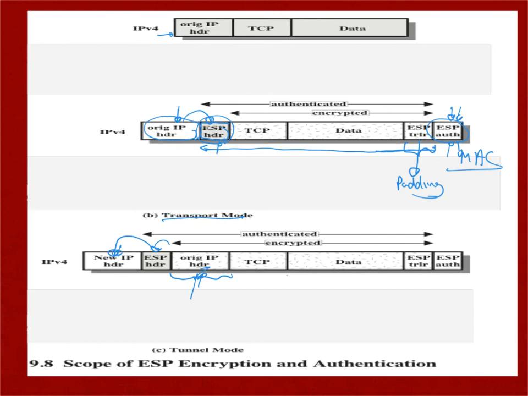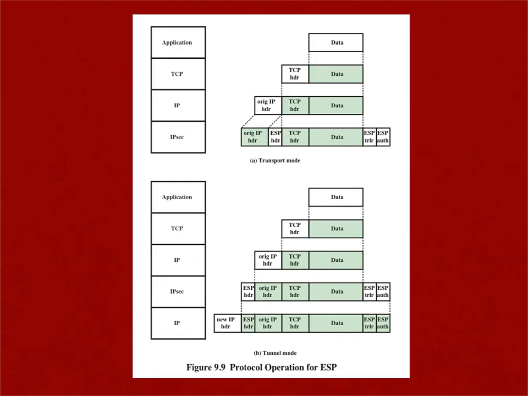So as you can see, the encryption includes the original IP header, and the authentication always includes the ESP header. The same thing here: you have the MAC and you have the ESP trailer. The only difference is that here you have to do 2 encapsulation steps: one to add the ESP header and then one to add another outer IP header. So that's how it's done from a layer perspective.